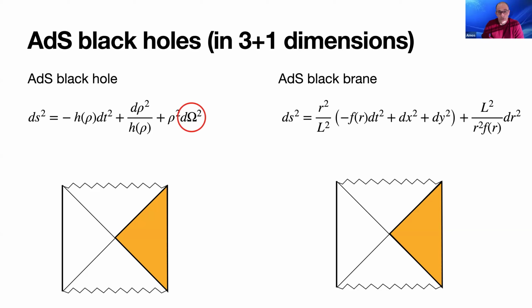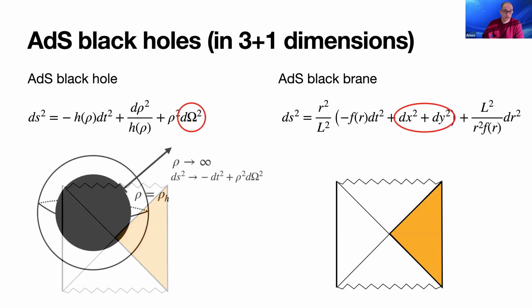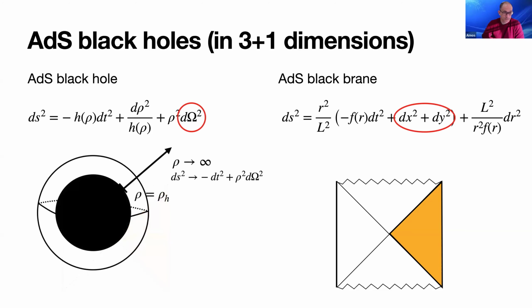Here, we have a two-sphere that's associated to each point in the Penrose diagram, whereas here we have an entire plane associated with each point in the Penrose diagram. If I freeze time and look only at space, I'm going to get some picture that looks like this.